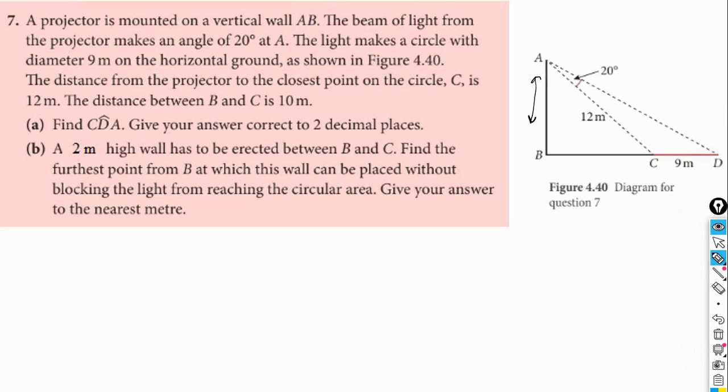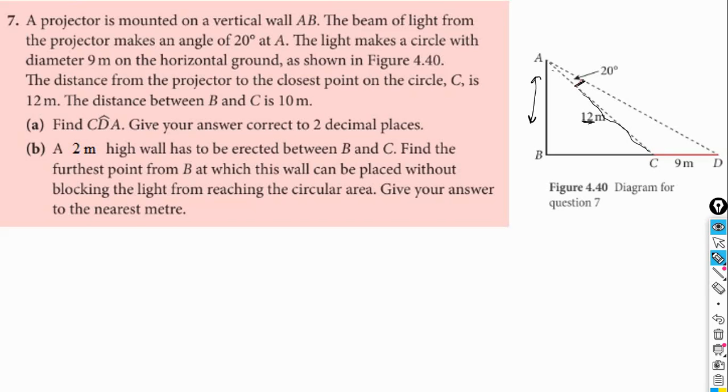The beam of light from the projector makes an angle of 20 degrees at A. The light makes a circle with a diameter of 9 meters on the horizontal ground, as shown in figure 4.40. The distance from the projector to the closest point on circle C is 12 meters. I mean that this dotted line here is 12 meters.